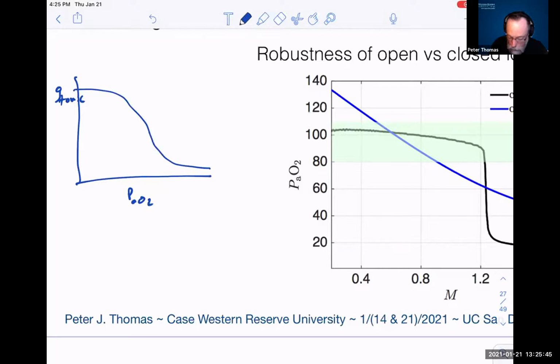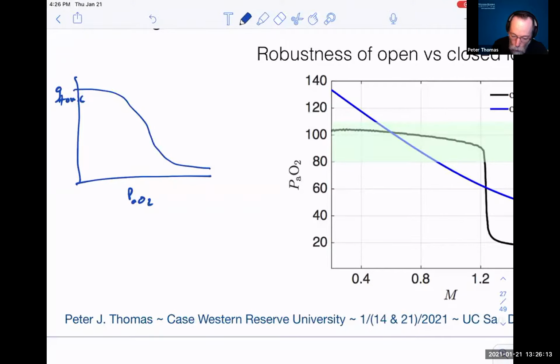The sigmoid is described by several parameters. Now there's a hypothesis floating around the clinical COVID community that the mechanism responsible for these silent hypoxemia patients is a reduction in gain in the chemosensory feedback pathway. I think there are other hypotheses, but this is one that we can address in our model.